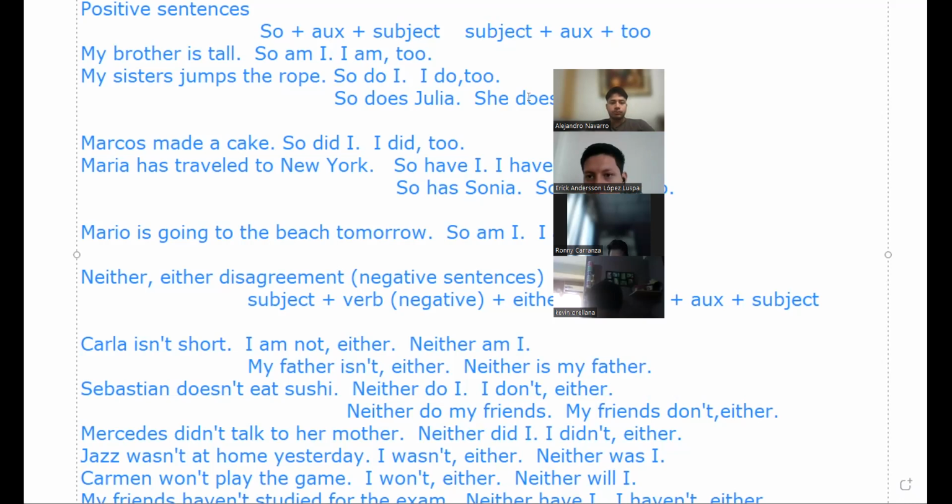Two things, remember. You have to identify the tense and you have to identify if it is a positive or negative sentence. Remember, the tense is important to use the correct auxiliary. If you don't have any other question, I keep moving.